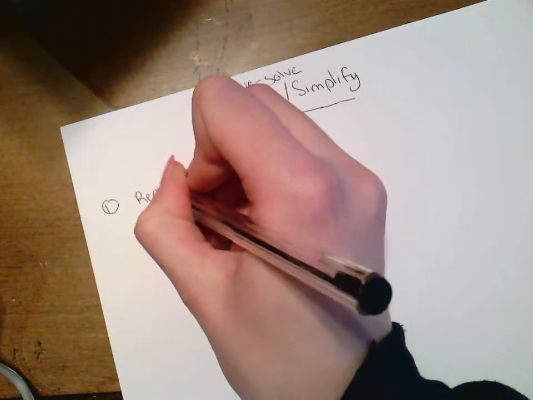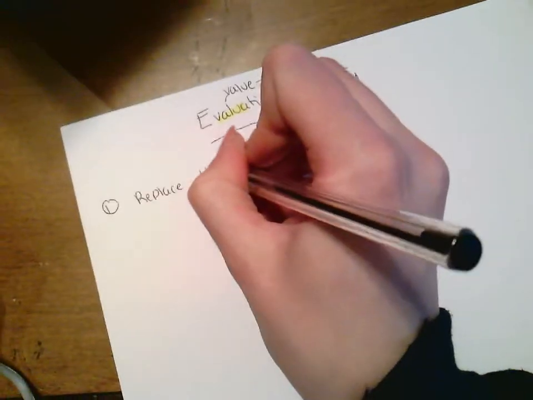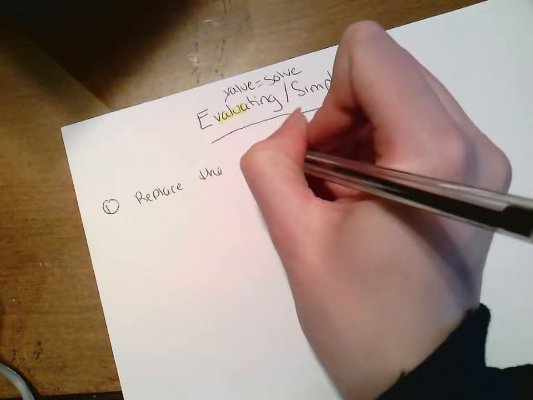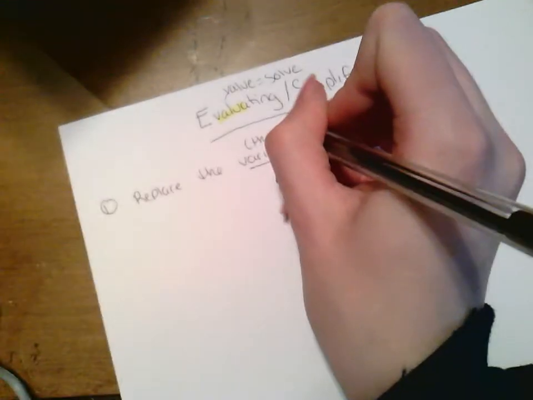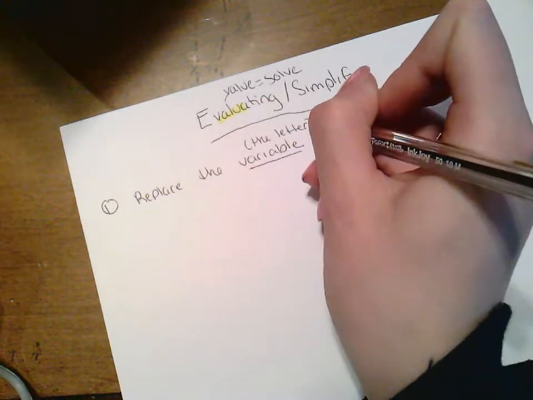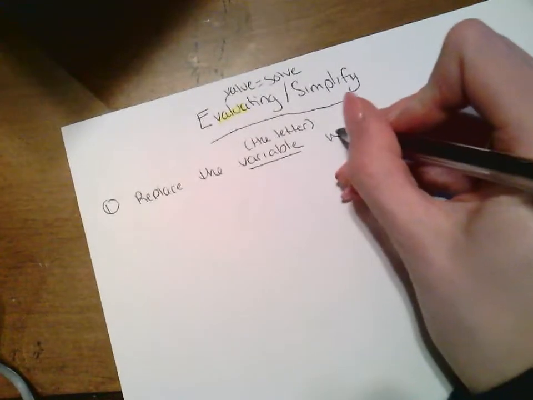there's a couple things that we need to be able to do. The first is to replace the variable, when we say variable, that means the letter, with the number.